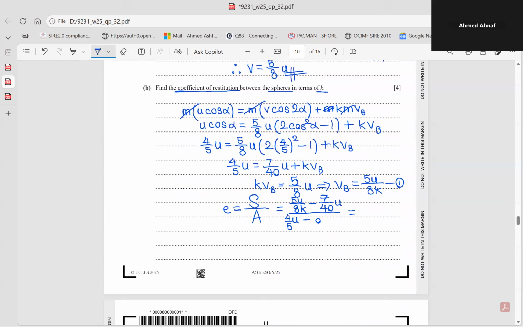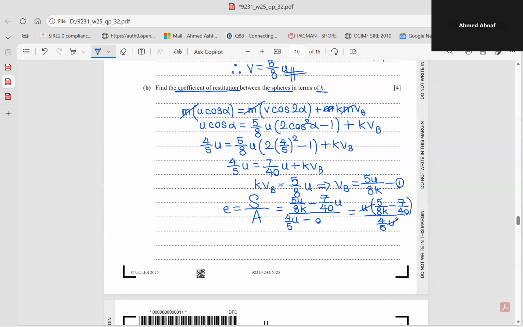We can just factor out u. We get 5 over 8k minus 7 over 40, divided by 4 over 5 u.